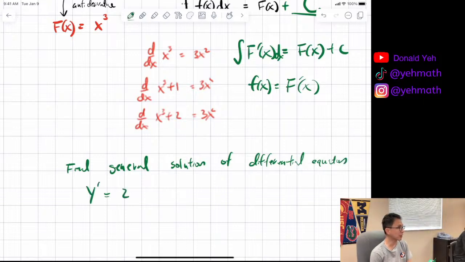That means I want to find out what y is. What do you think y is here? 2x plus C. Good.